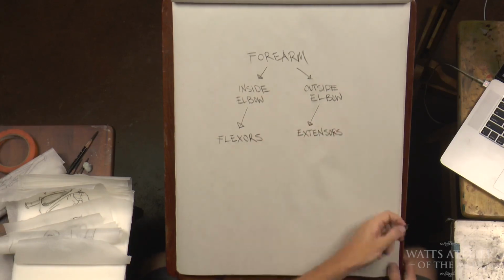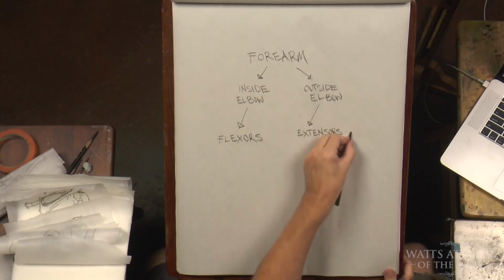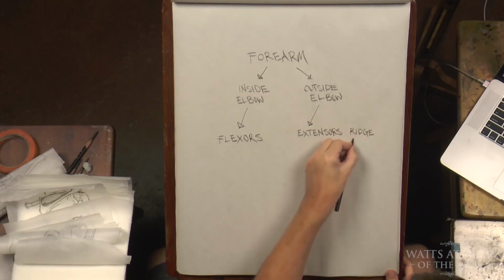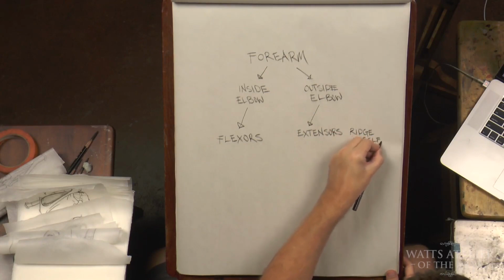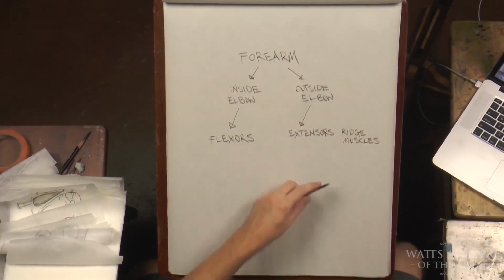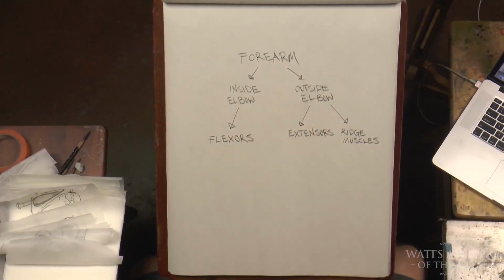And then we also have the ridge muscles. Remember they were the ones that come up and connect a little bit higher. They connect along the outside, a little bit above the elbow, but they run along the outside, past it. So they're in that same area.